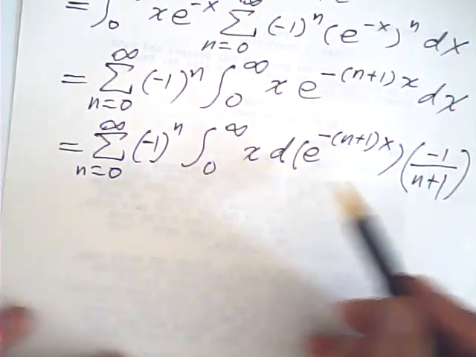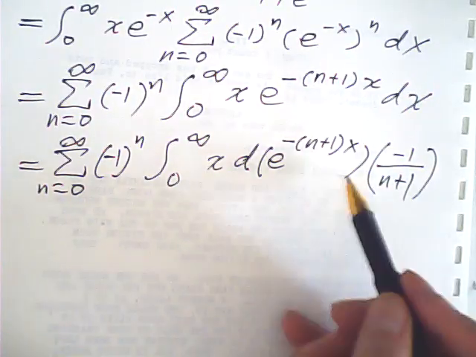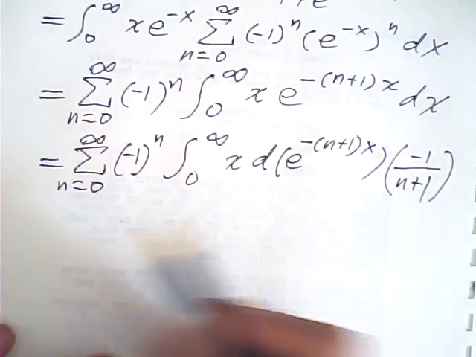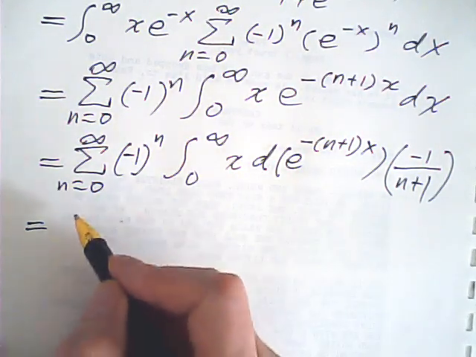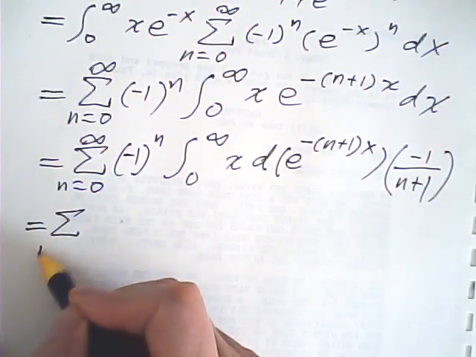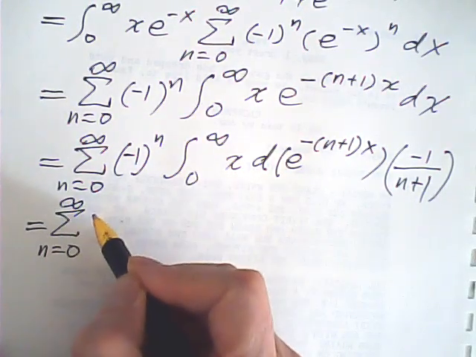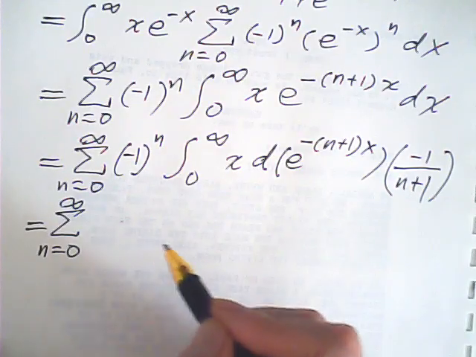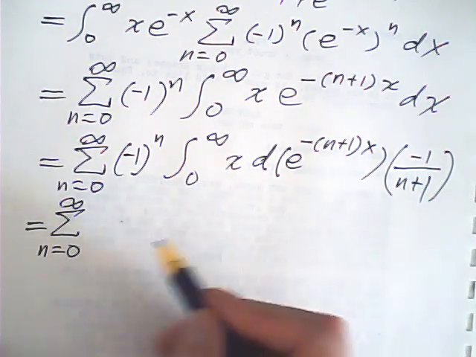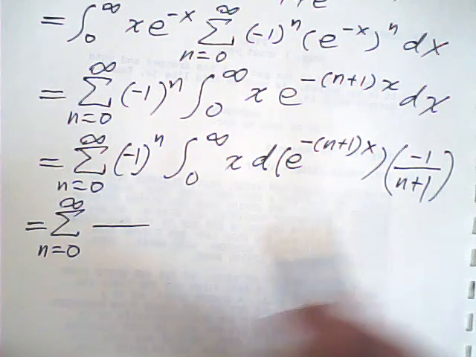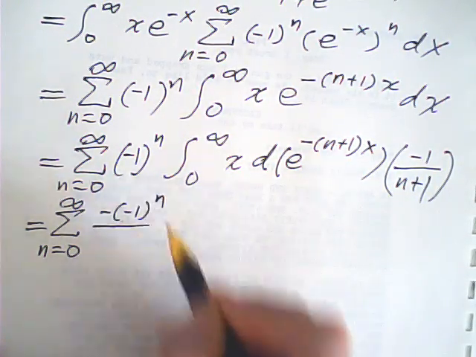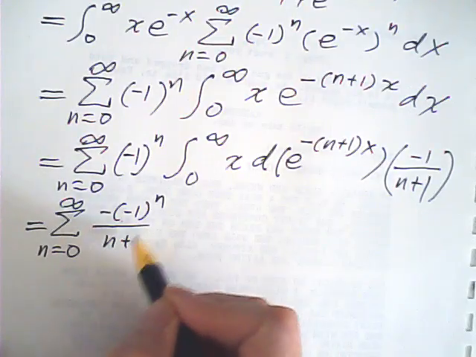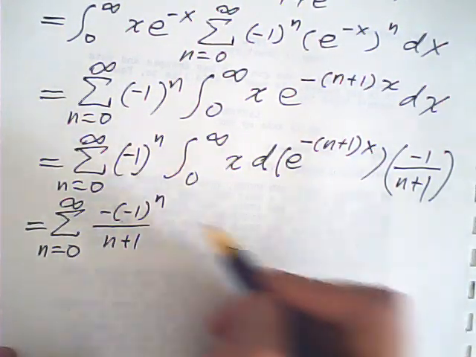Okay. The reason for doing this is that I want to use integration by parts. So this is taken out, the sum of negative 1 to the n, I leave the numbers outside.